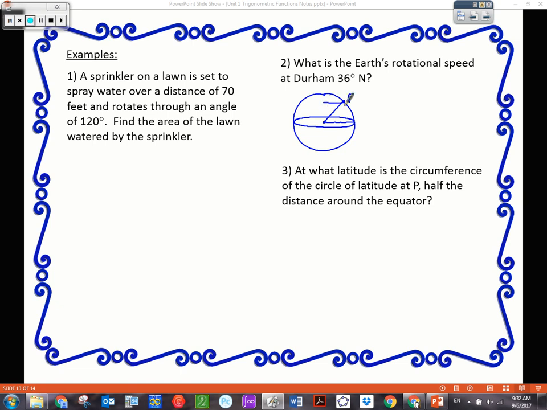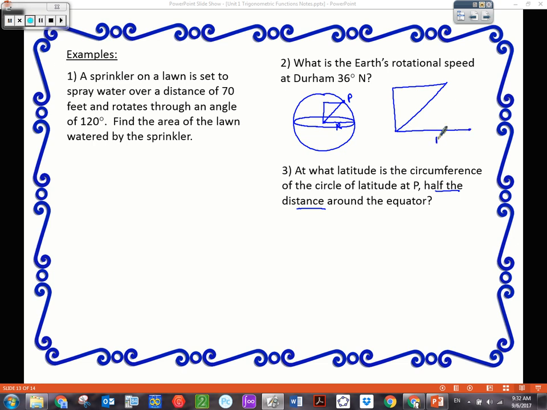We want to know that this location right here, this radius, is half of the radius, right? We want it to be half the distance around the equator. If the distance around the equator is R, we'll call that R. So let me pull this out so we can see it a little bit better.